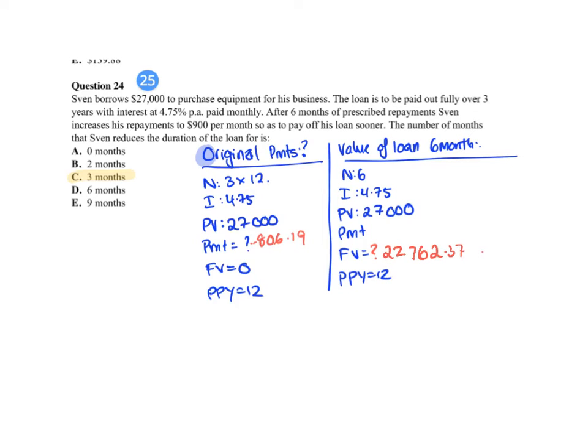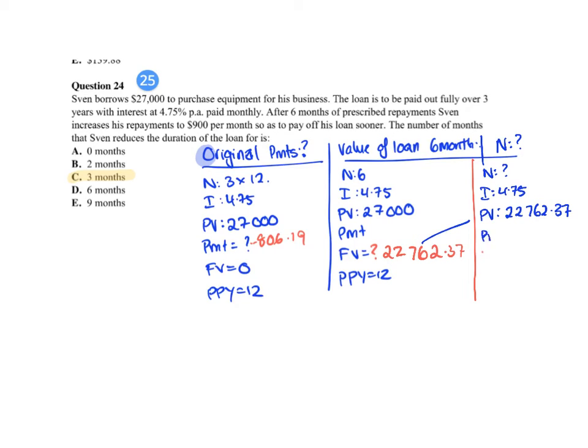So now that we've got this far, we're going to pretend he's starting off his new loan, and we want to know how long it'll take him to pay it off. So N's going to be the question now. I is still going to be 4.75. PV is now going to be this new one, the amount of loan, which was 22762.37.